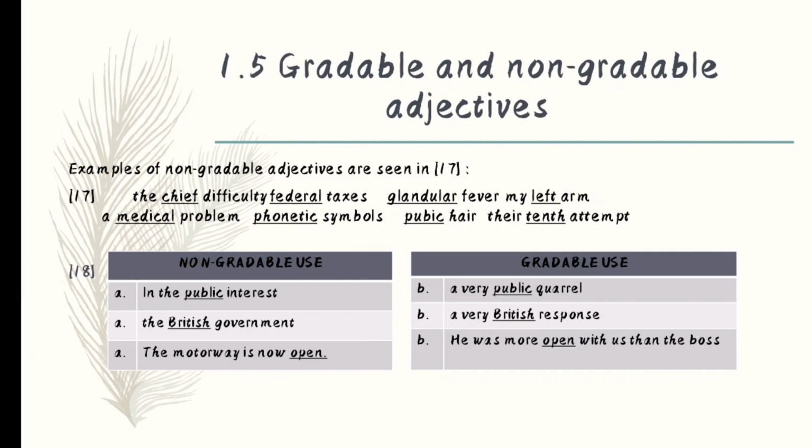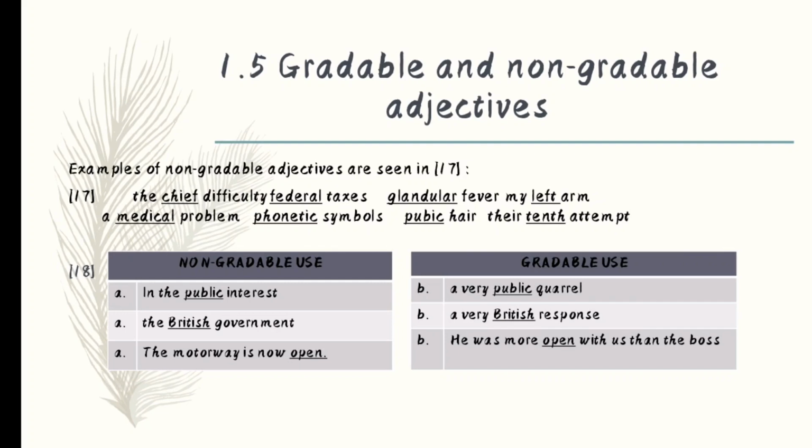Okay, next, gradable and non-gradable adjectives. Prototypical adjectives have comparative and superlative forms and take degree modifiers such as very, too, and pretty. Adjectives of this kind are said to be gradable. Not all adjectives are of this kind.